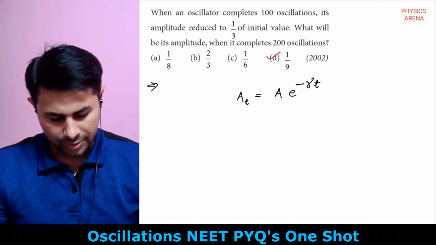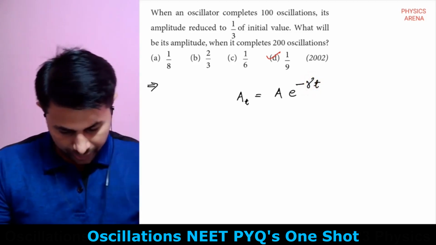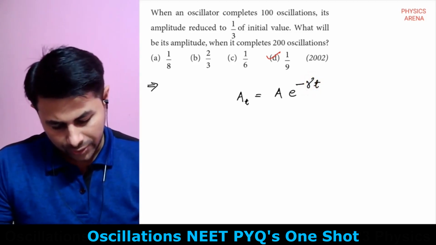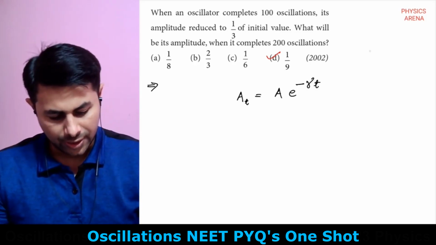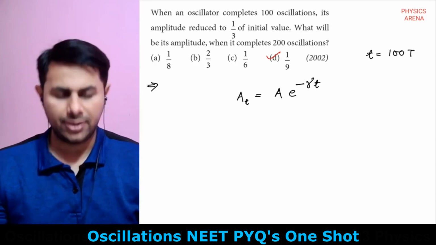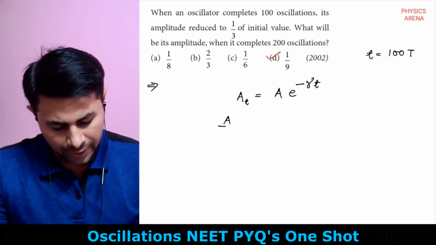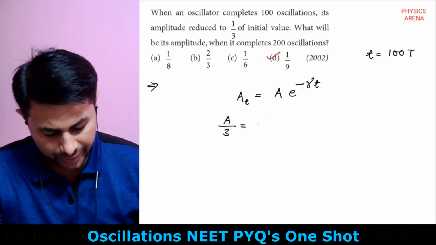Gamma is called the decay rate. Now after 100 oscillations, so t is equal to what? t is equal to 100 times T. What happens? You get amplitude equal to A by 3.